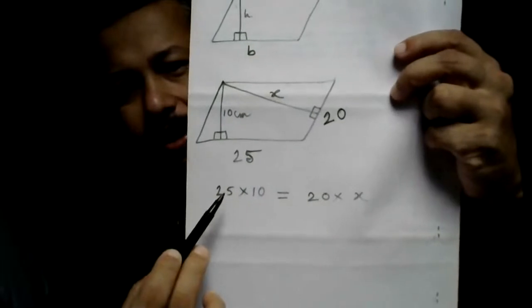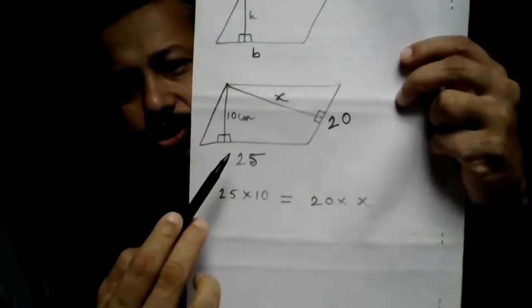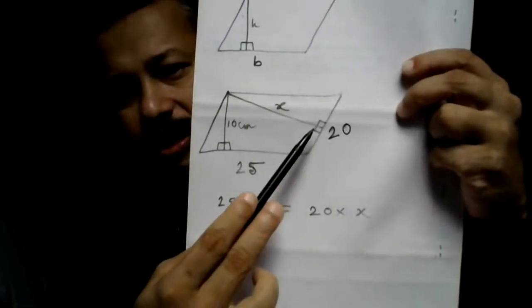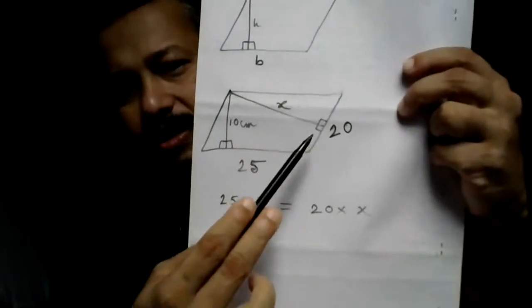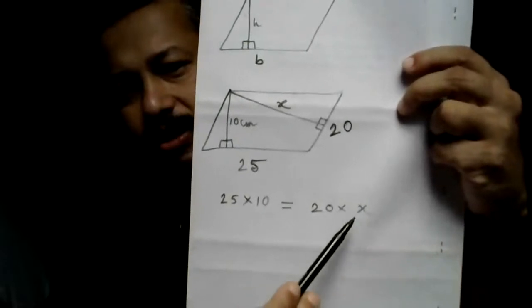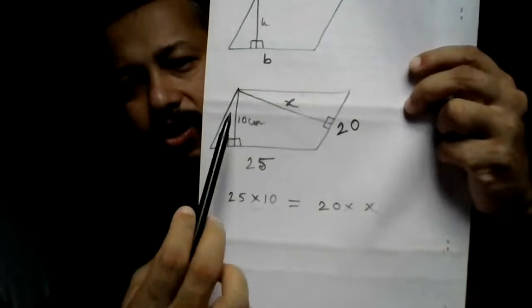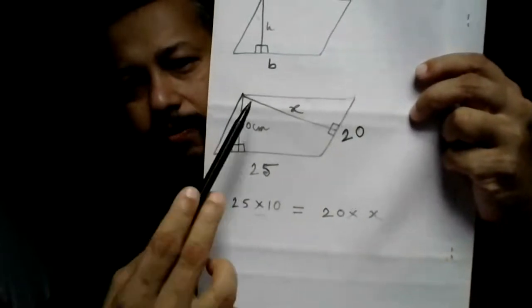Try to understand this. This is base into height, equal to this base into height. And both I'm making them equal. Why equal? Because this is one parallelogram.